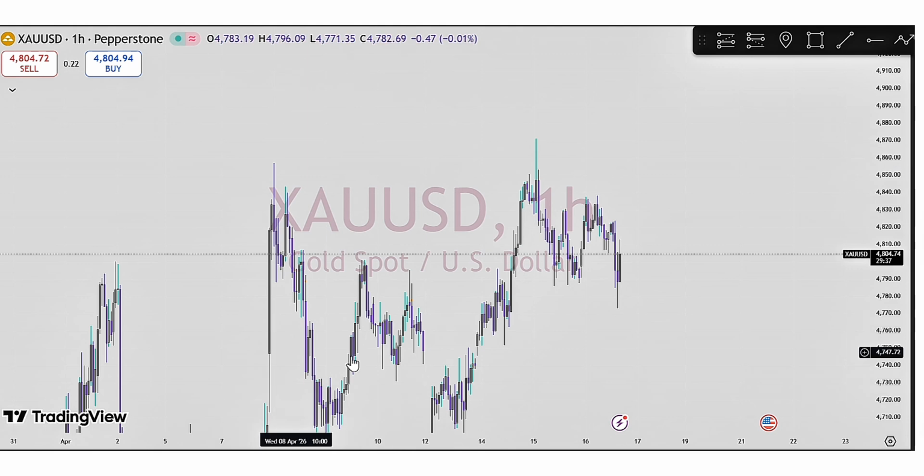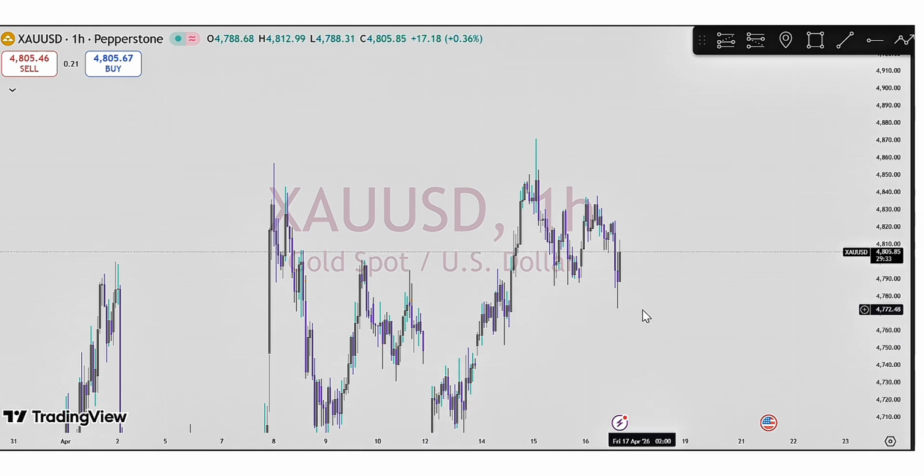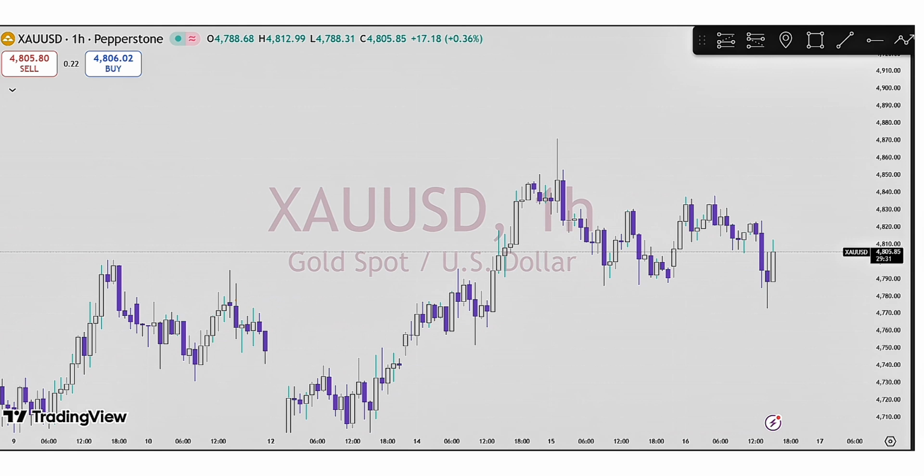Now let's get into the section. We say that an order block is the last opposition candle, which is this. Let me zoom in so that you can see. On my screen, all the purple candles are sells.